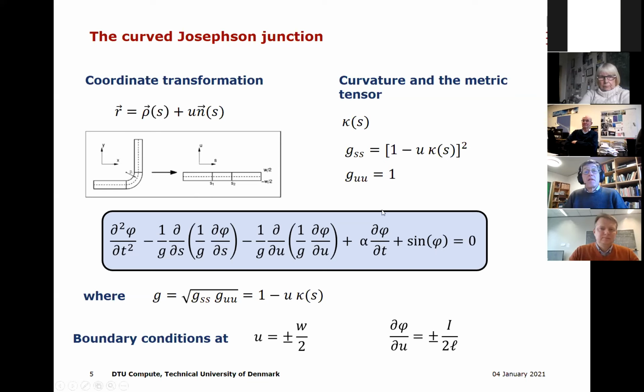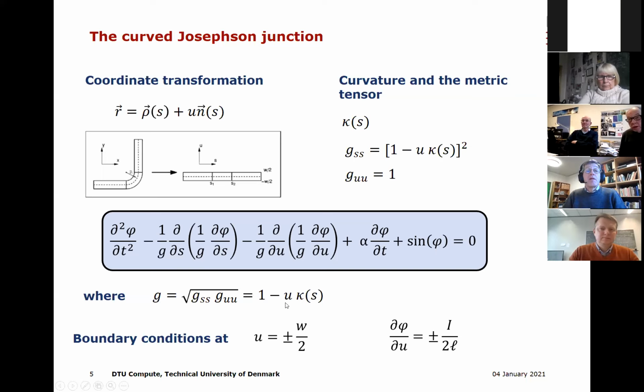In the modified sine-Gordon equation you see here, now we have a g function, which is a metric tensor related to the curvature, which I call kappa here. g_SS is 1 minus u times kappa of S, squared, and the g here is given by this expression here.